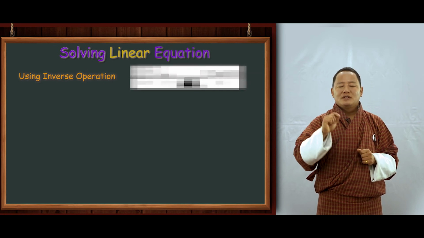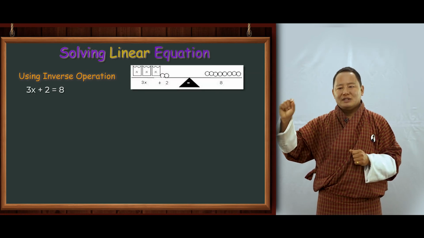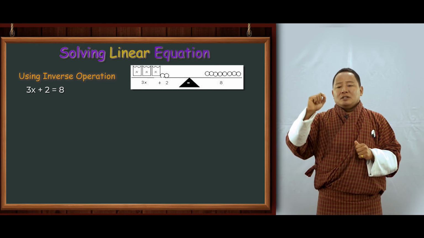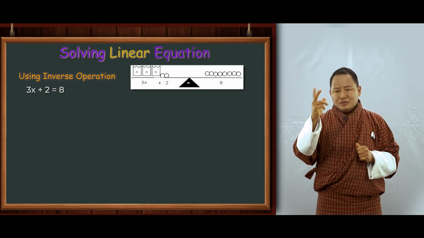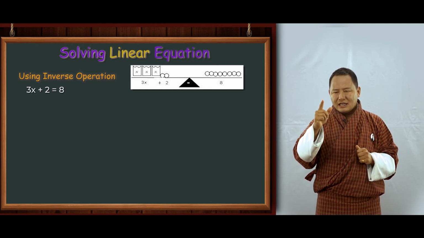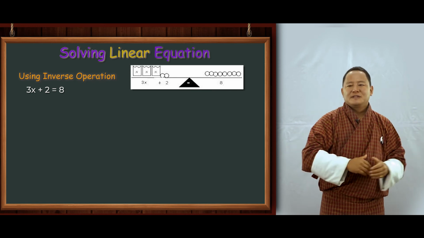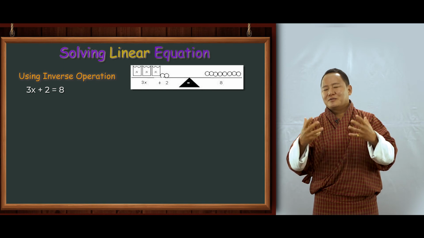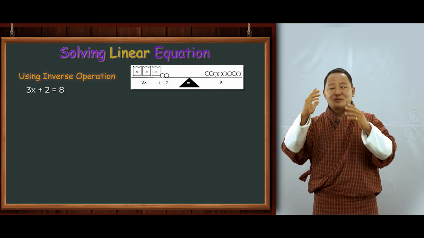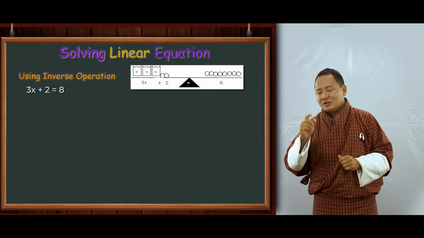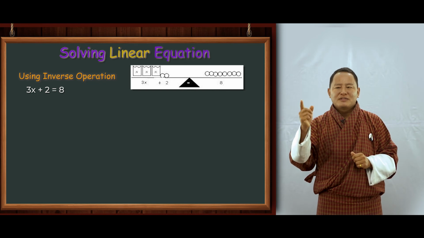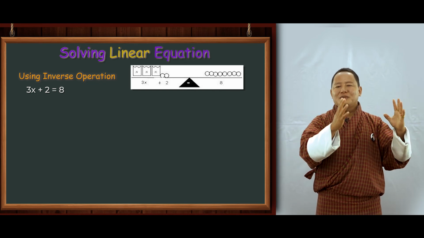So the equation is 3x plus 2 equals 8. Which means the variable x has to be isolated, or separated, or we have to make it the subject, because our aim is to get the value of x. Am I right? In order to do this, we have to get rid of the numbers which are there along with x.